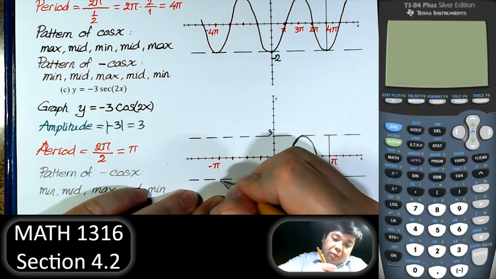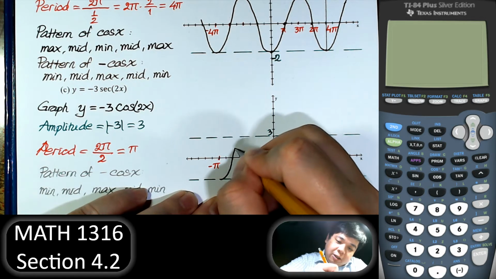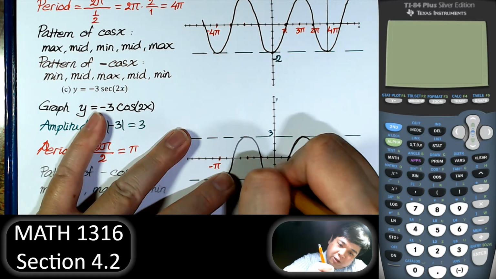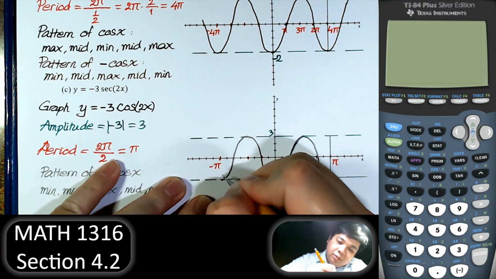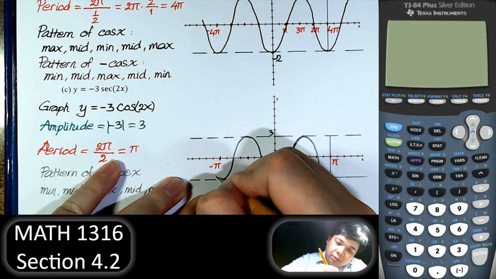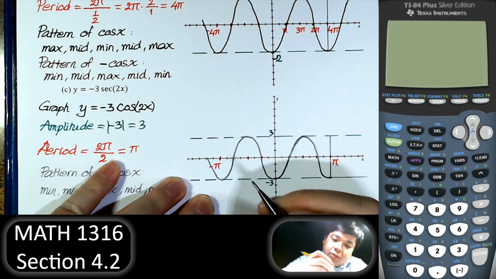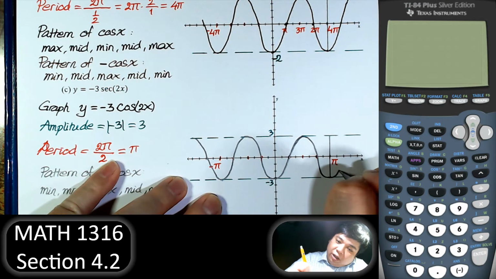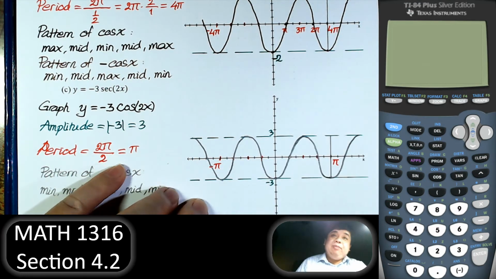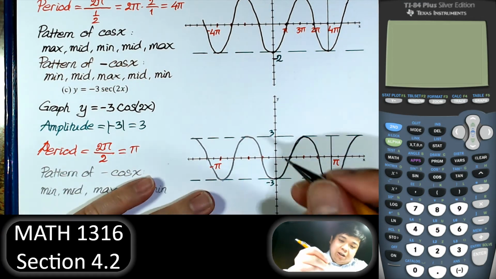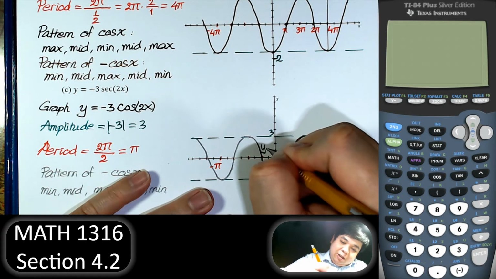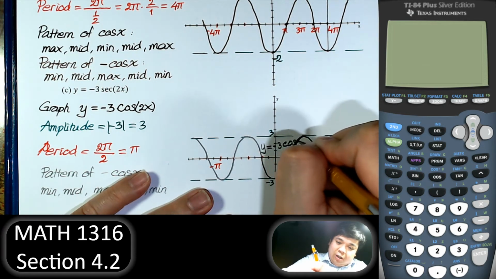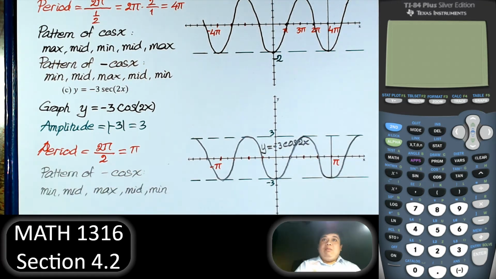And now copy and paste this throughout the number line. Right, so that is the graph of y equals negative 3 cosine of 2x, the graph in the middle.